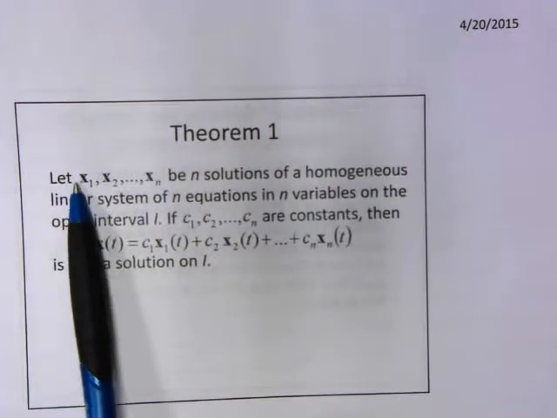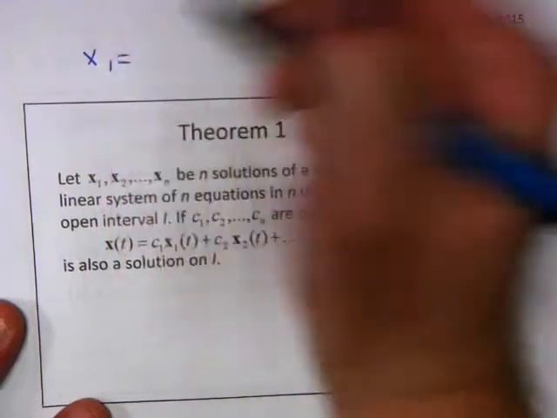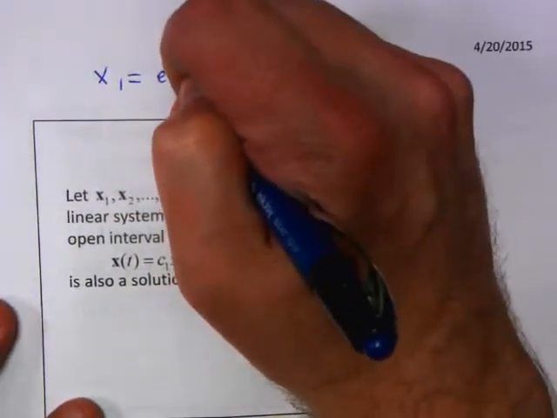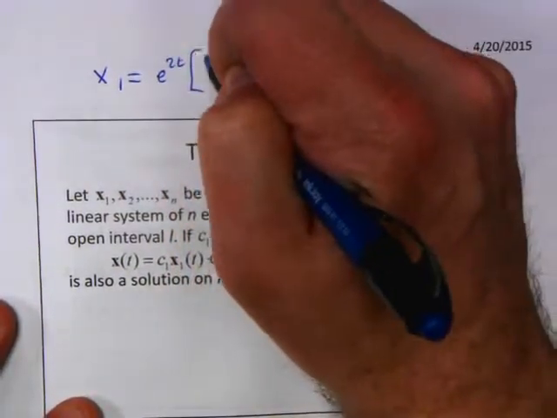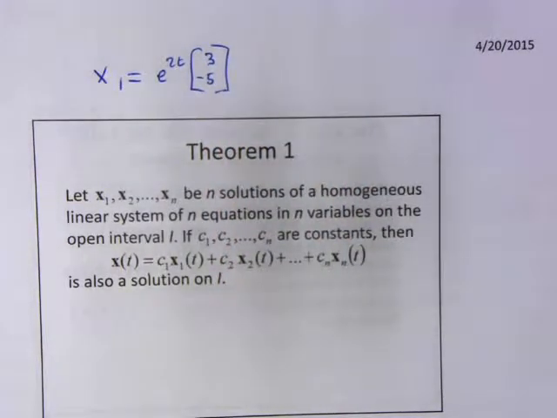Why are these x's in bold font? They're vectors. So x1 might be something like e to the 2t times the vector 3, negative 5, or something along those lines. It would be a vector solution.